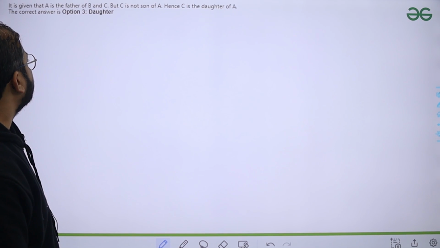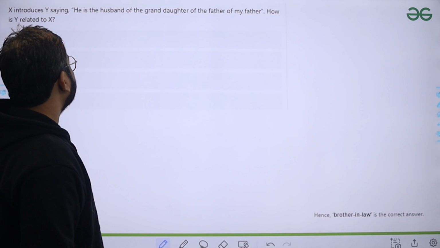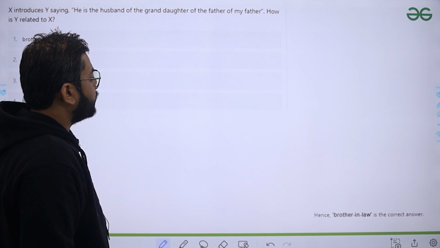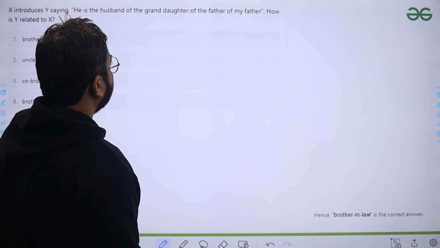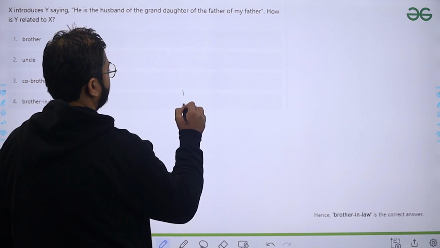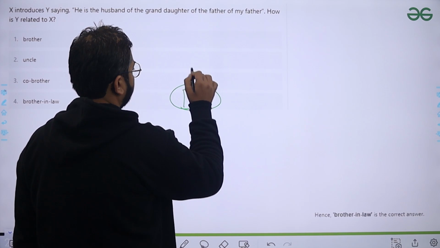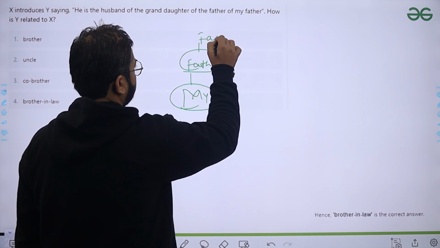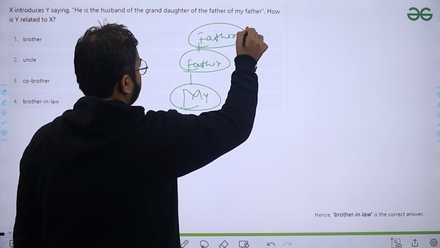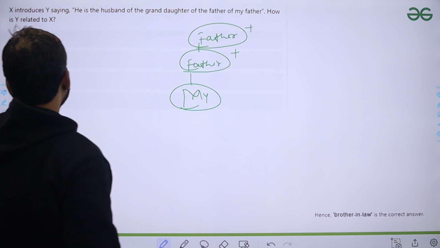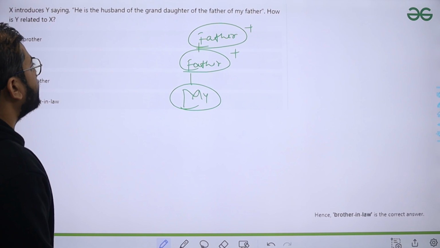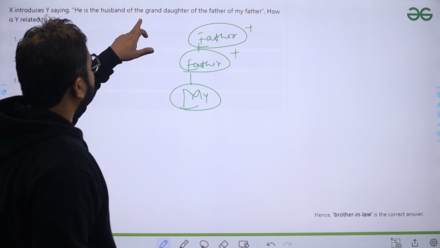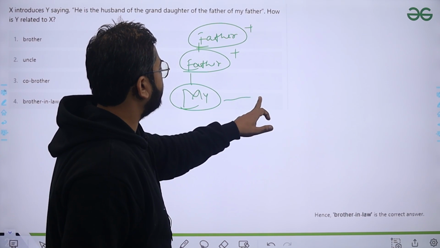X introduced Y saying he is the husband of the granddaughter of my father's father. Granddaughter of my father's father.